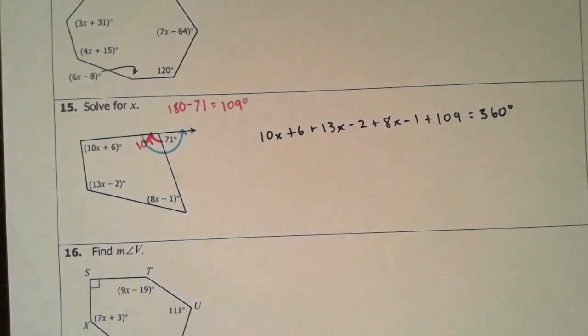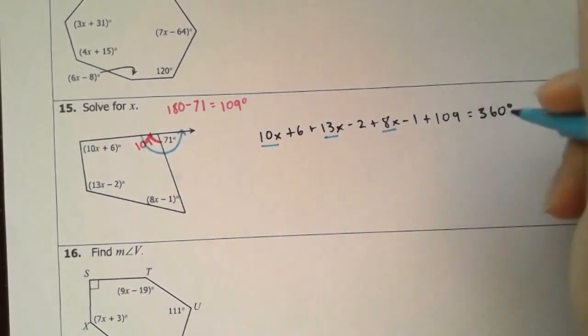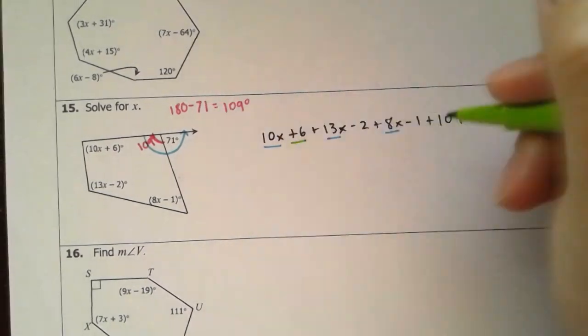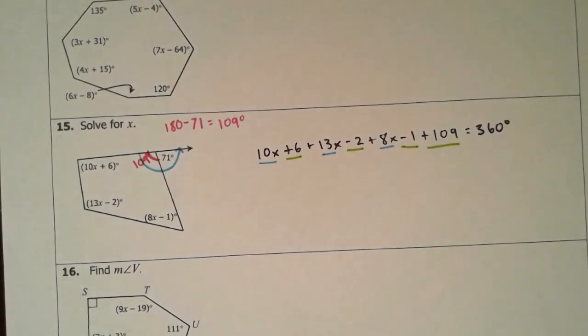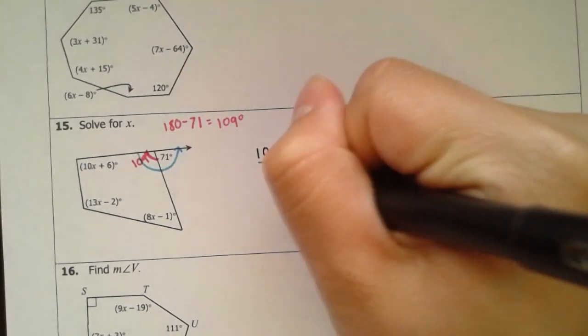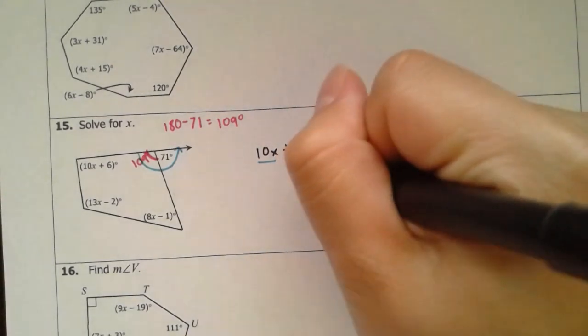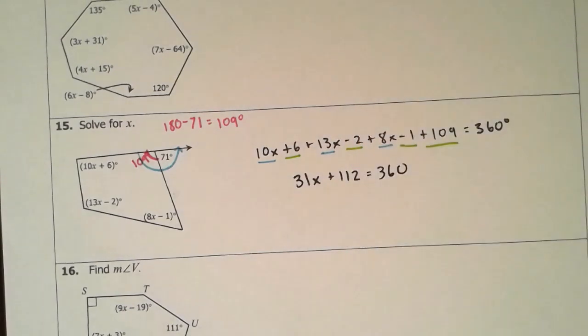And again, that comes from my table. Combine like terms. I'm going to underline my x's in blue, and I'm going to underline my constants in green, here, here, and here. When you combine all of those, you're going to get 31x plus 112 is equal to 360.